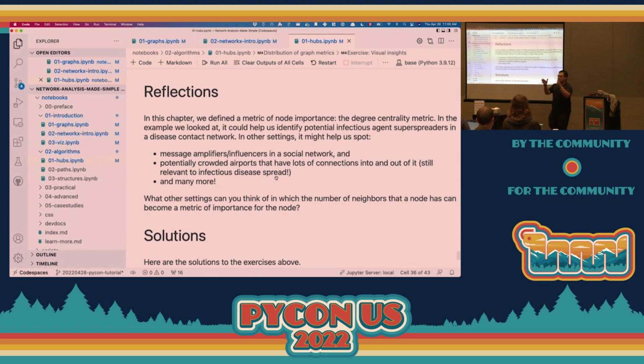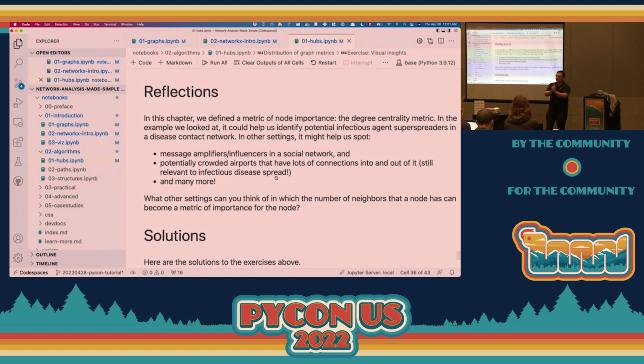This is the first example in this tutorial that shows how the structure of a graph, that is the edges that connect nodes together, gives rise to something that's interesting about the nodes, right? Nodes that are connected to lots of people would be something of potential interest to look at. You can imagine the utility of identifying the high degree centrality nodes in a network in many situations.